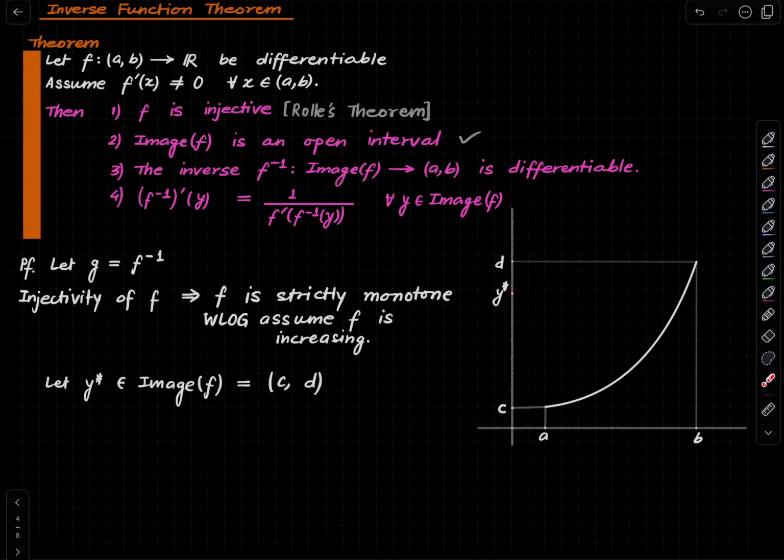So to do that, we are interested in showing that this limit exists, and to prove 4, we want to show that the limit is actually equal to that thing, which will automatically follow. So how do we show that this limit exists?